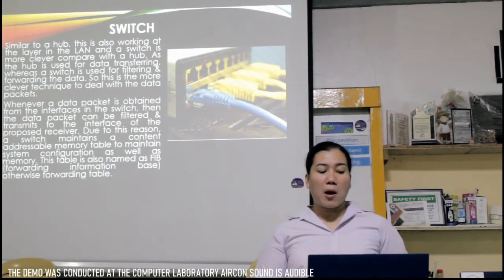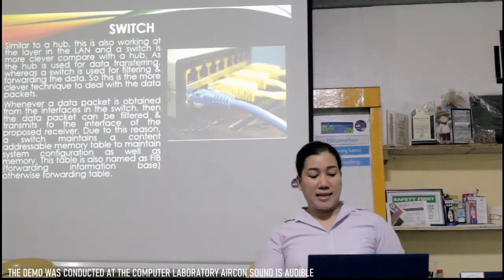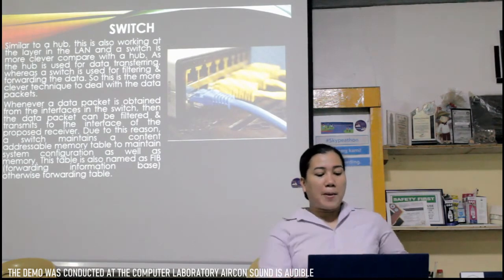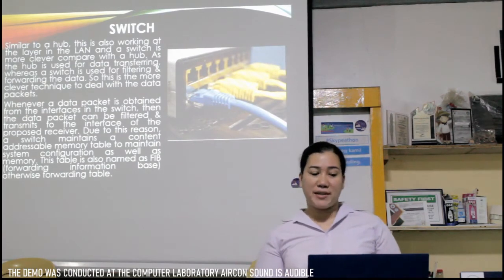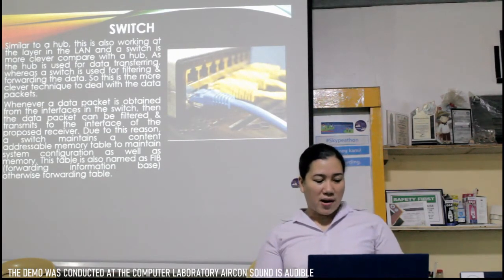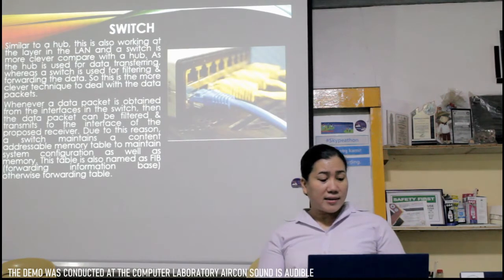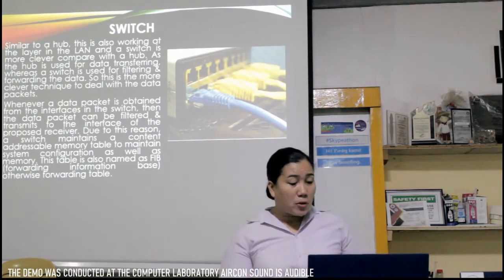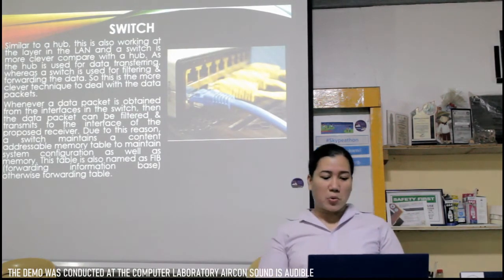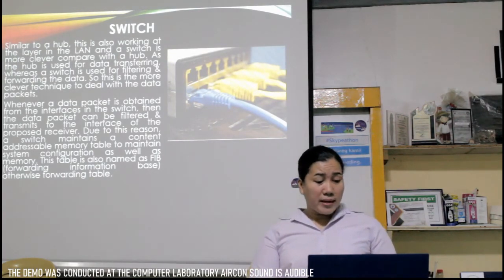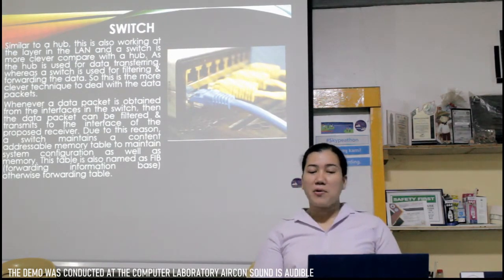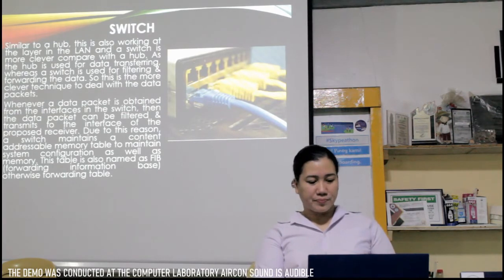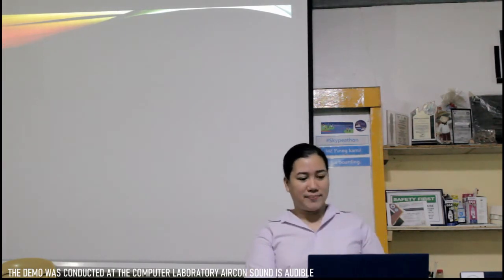Whenever a data packet is obtained from an interface in the switch, it is filtered and transmitted to the interface of the intended receiver. Due to this, a switch maintains a content addressable memory table to maintain system configurations as well. This table is also named FIB, Forwarding Information Base, otherwise the Forwarding Table.